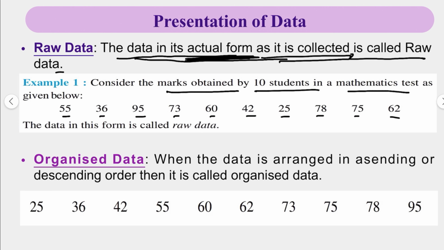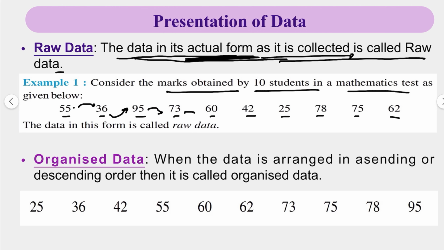Now you can see there is no particular order in this data. We have 55, then it goes down to 36, then up to 95, then down again, and so on. We have just arranged them randomly, as we received them.